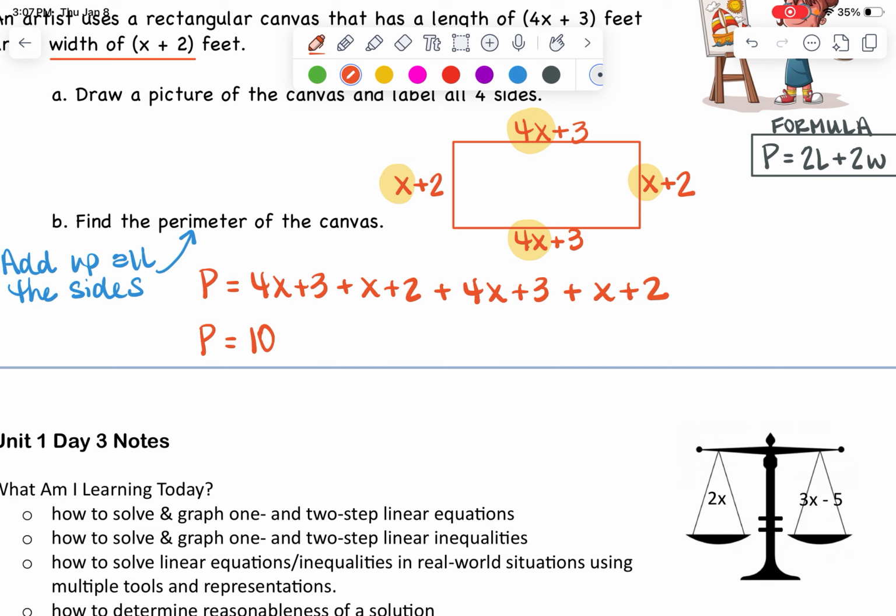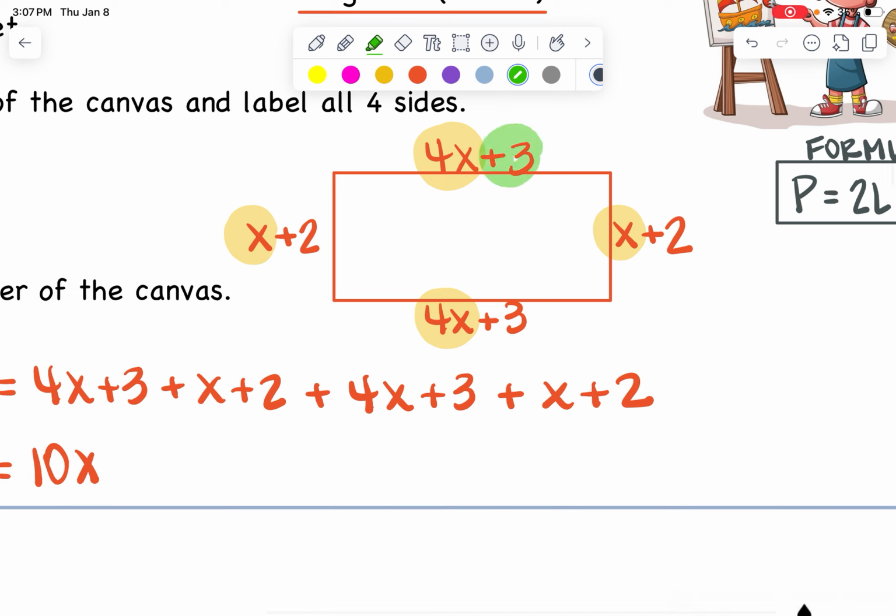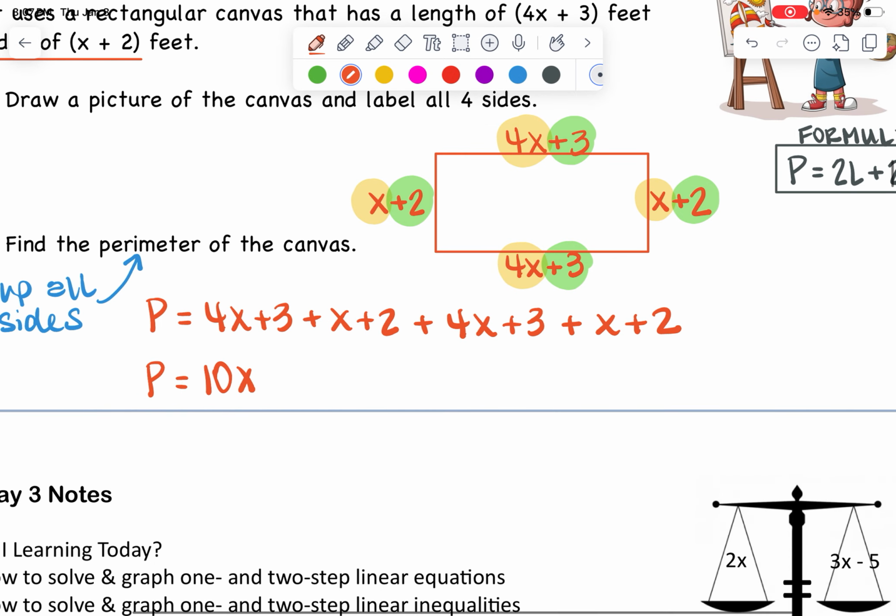Well, that's 10 total x's. And then I can go back through and do the same thing with my constants. I'm like, oh, I've got a +3, a +2, a +3, and a +2. And if I add all that up, I get 10. So that would be the expression that represents the perimeter of the art piece.